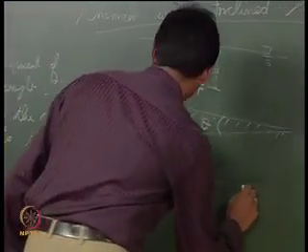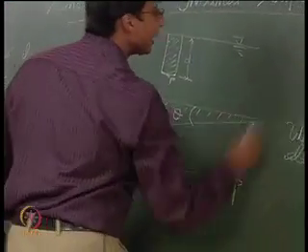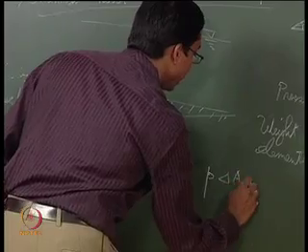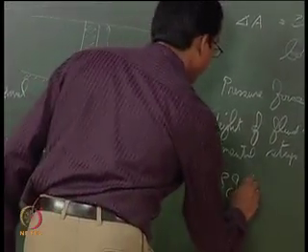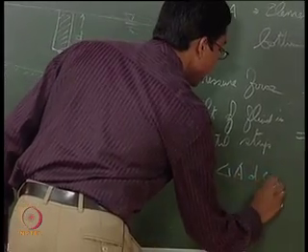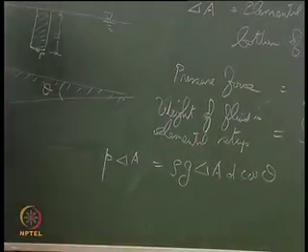So, P del A should be equal to rho g del A D cos theta.